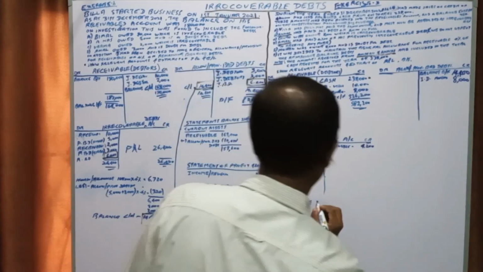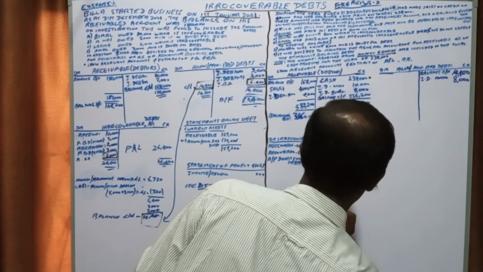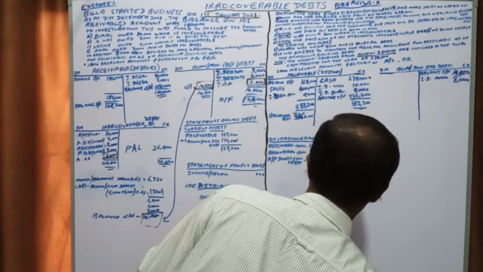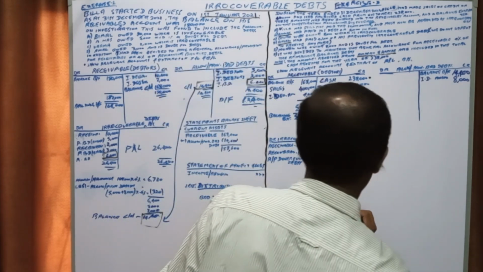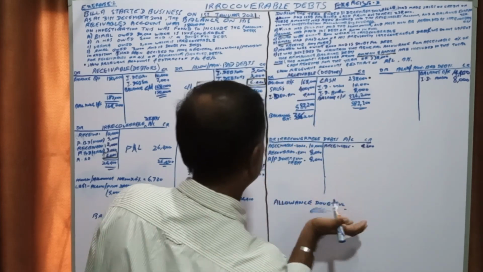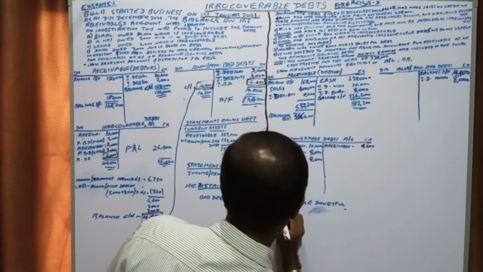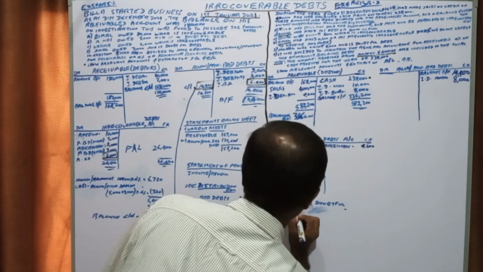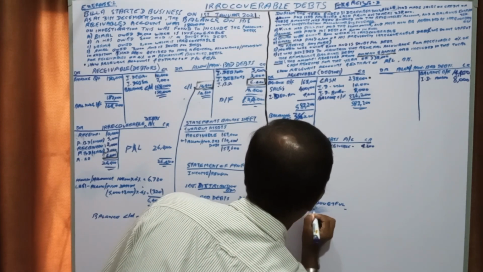Doubtful debt, that is calculated this way. Remaining balance 336,200 into 4%.